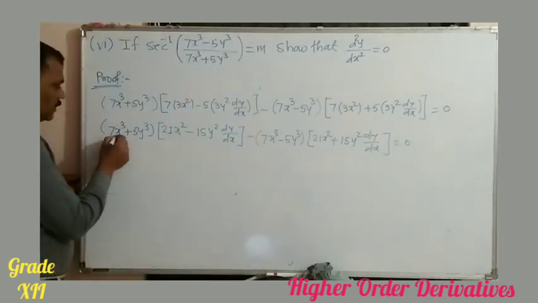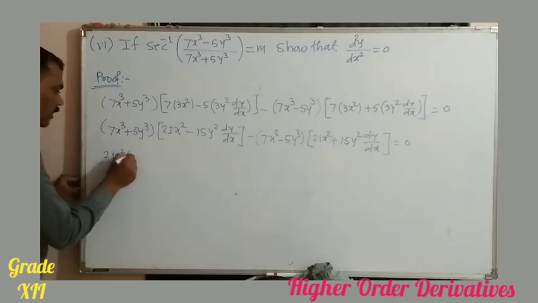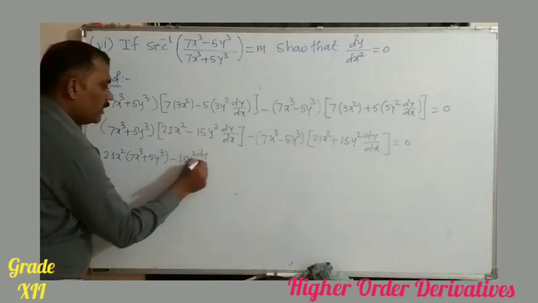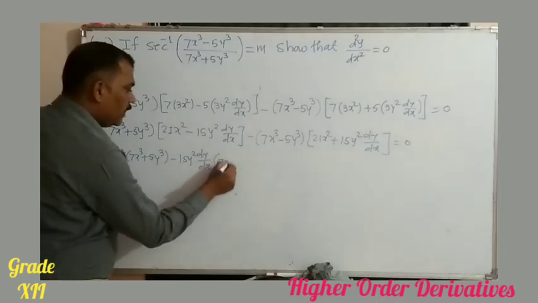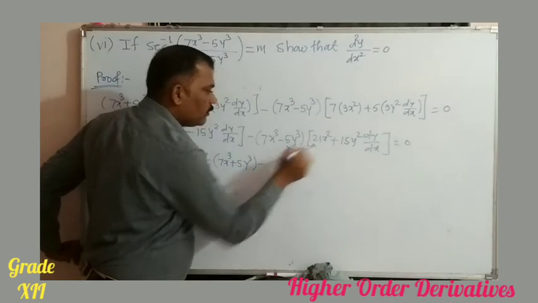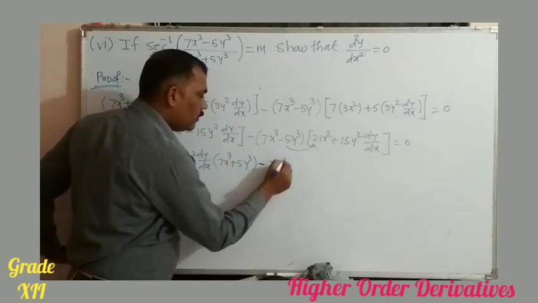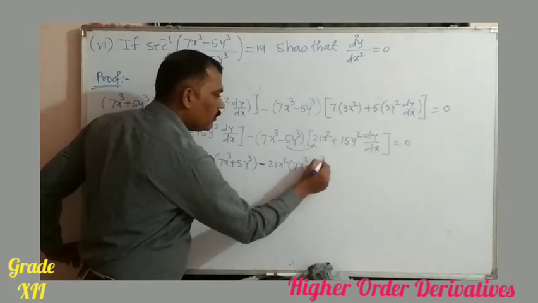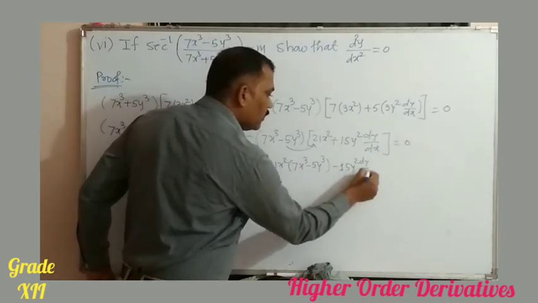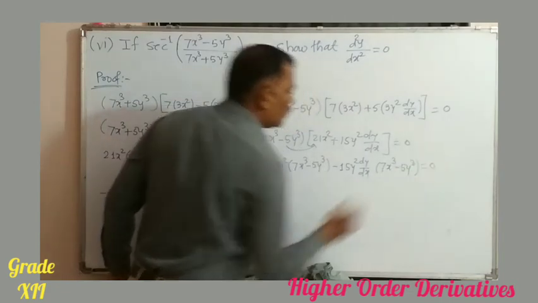Now we multiply this bracket to this bracket: first term, we get 21x² into (7x³ + 5y³) minus 15y² dy/dx into this bracket (7x³ + 5y³), minus 21x² into (7x³ − 5y³) minus 15y² dy/dx into this bracket, that is (7x³ − 5y³), is equal to 0.